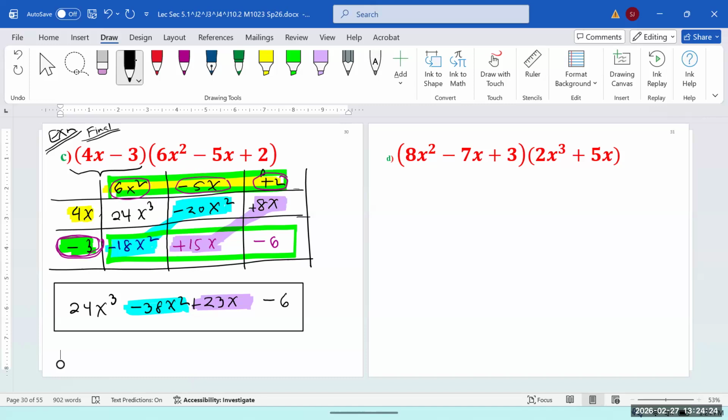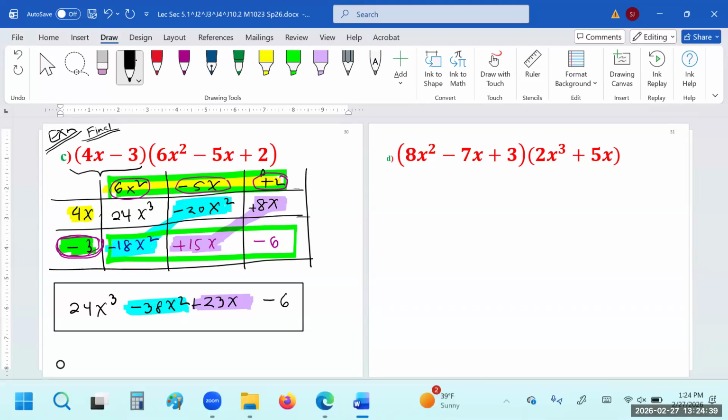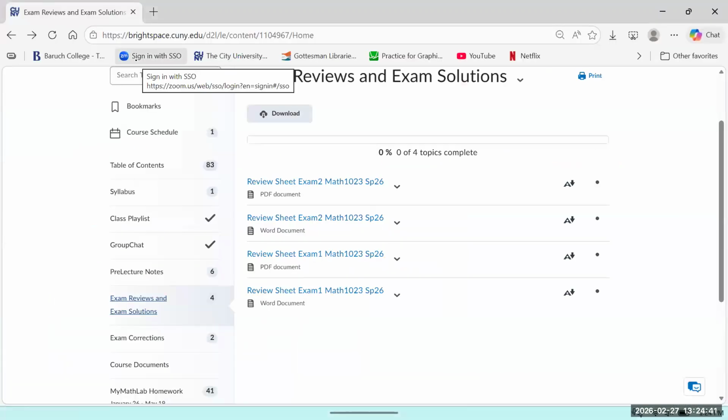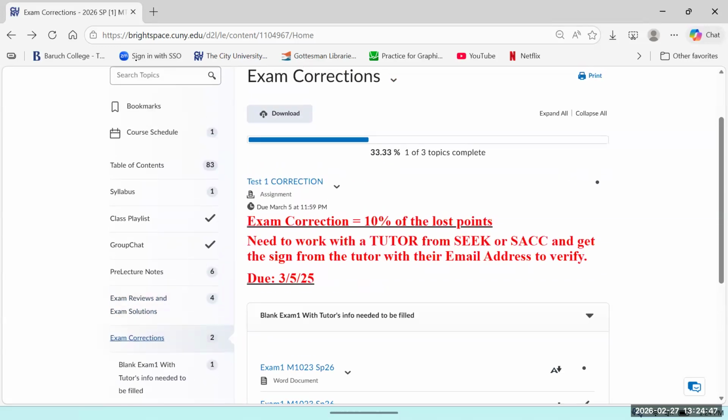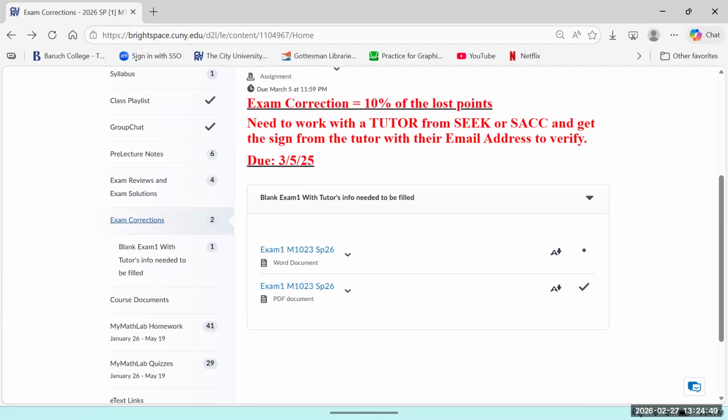So people who are late or who didn't hear my announcement from last class, whatever mistake you made, you can fix those mistakes and you get 10% of whatever points you lost. But to fix the mistake, you have to work with a tutor. Once you work with the tutor, I uploaded the blank exam here.